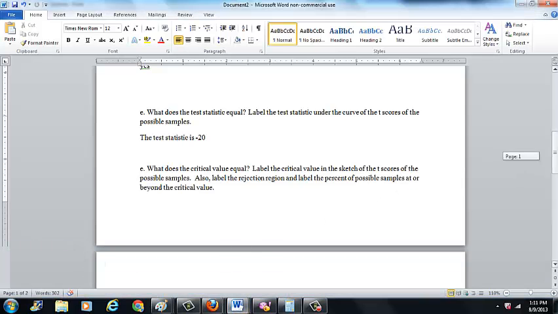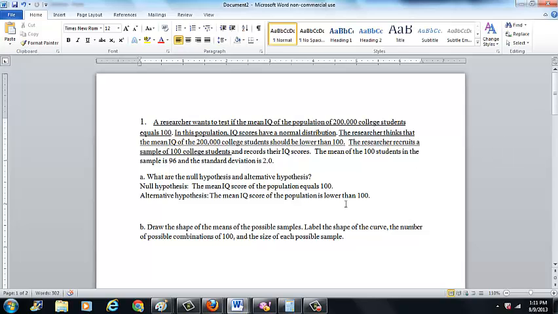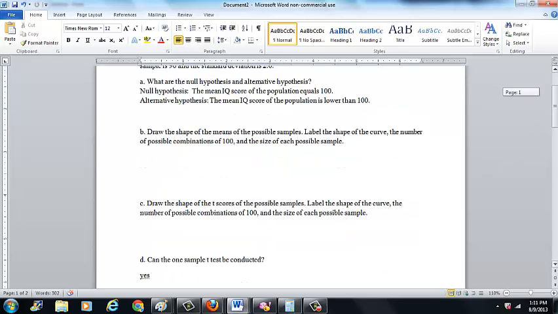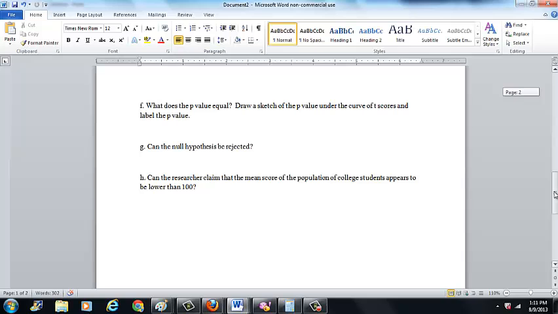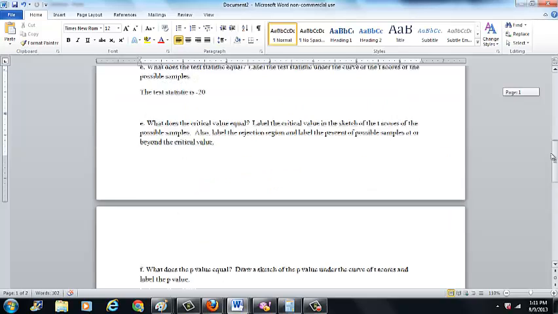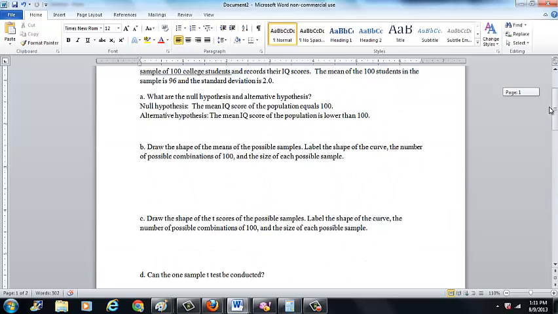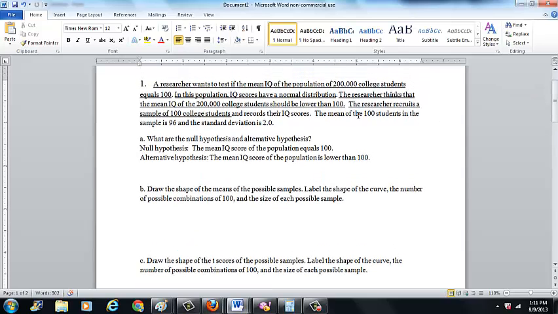We know we're doing a one-tailed test because of our alternative hypothesis. We need to know our degrees of freedom to use the table. Our degrees of freedom is 99 because it's just our sample size minus 1. Our sample size of 100 students minus 1 is 99.